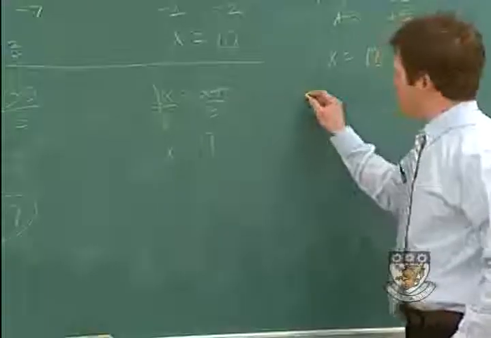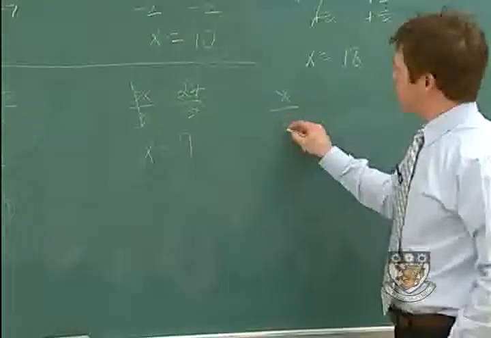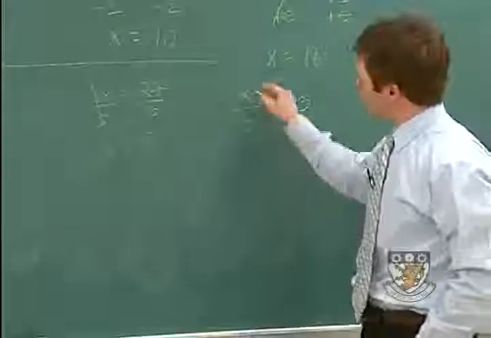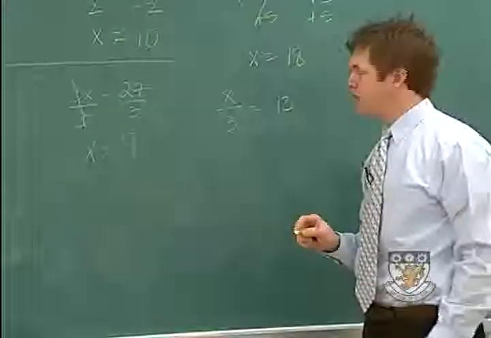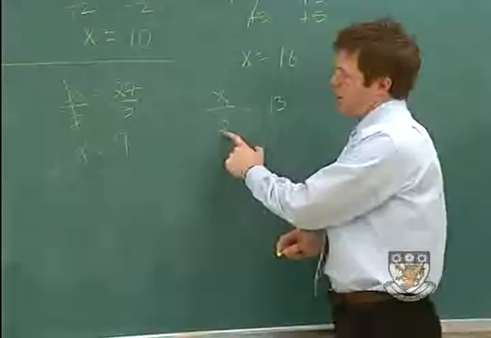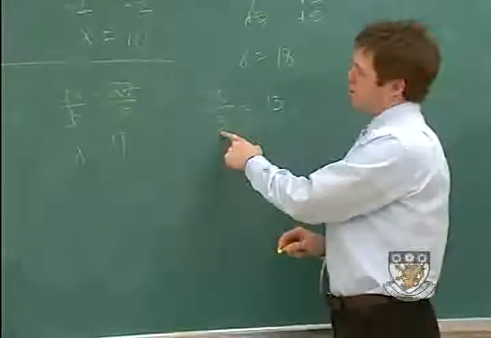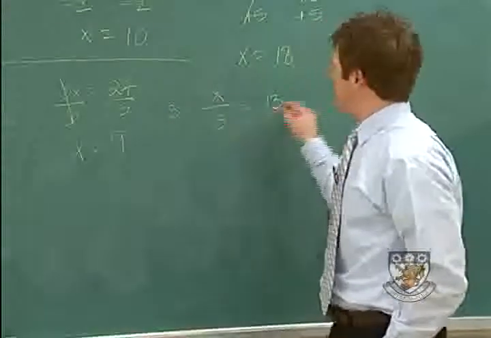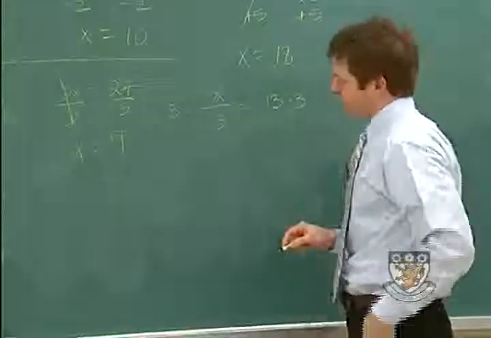So if I have x divided by 3 is equal to 13, I want to know what number, when I divide it by 3, is equal to 13. Well, this time it's divided by. The opposite operation of division is multiplication. Whatever I do to one side, I'm going to do to the other side.